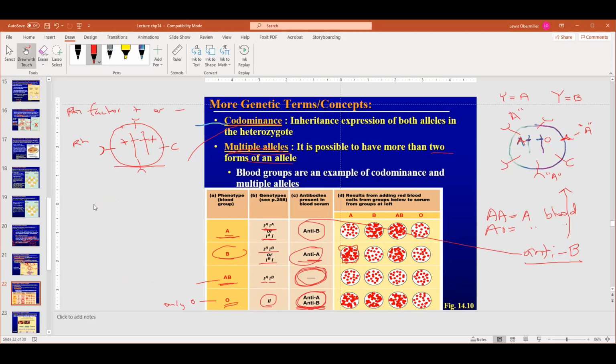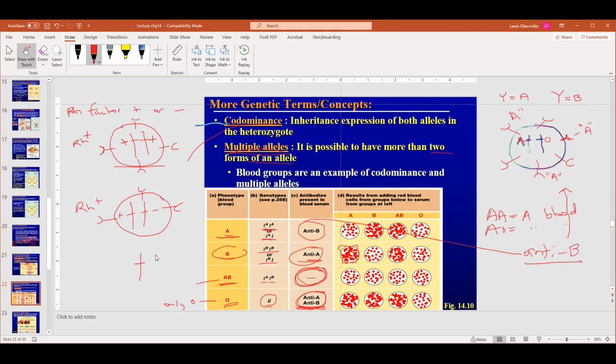And then you could be RH plus and RH minus. You would still make RH, so you'd still be RH plus, but you'd only make half as many, kind of like the AA or AO. So this is still an RH plus, even though you're plus minus. This is an RH plus because you're plus plus.